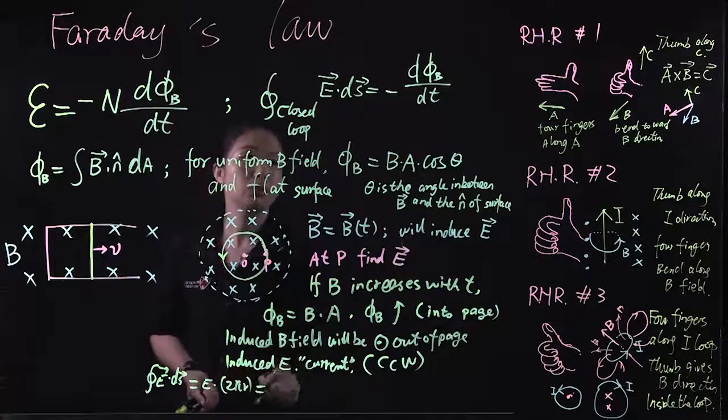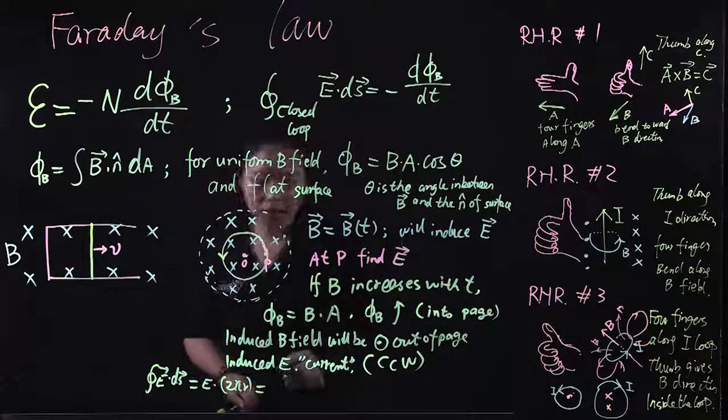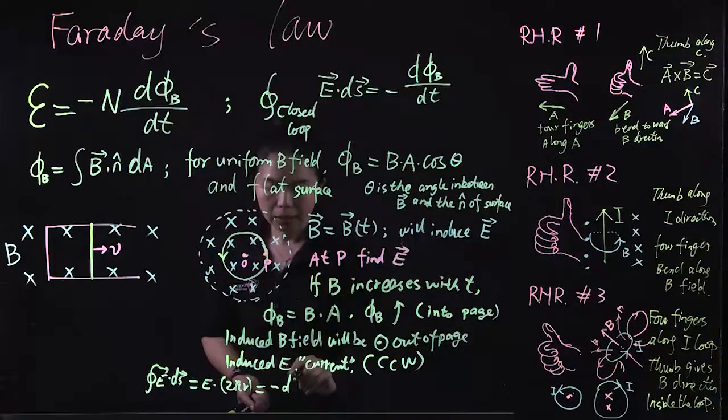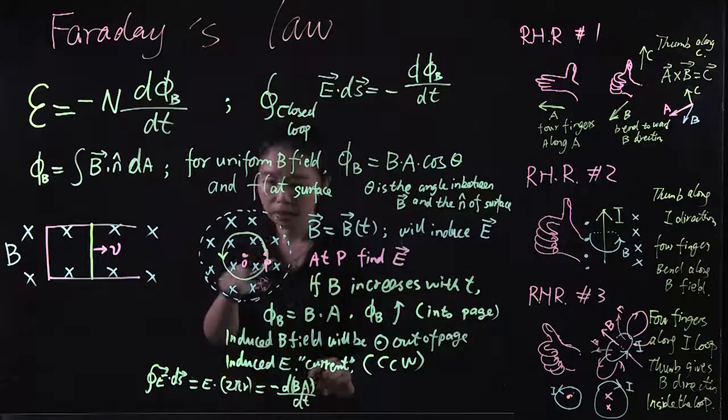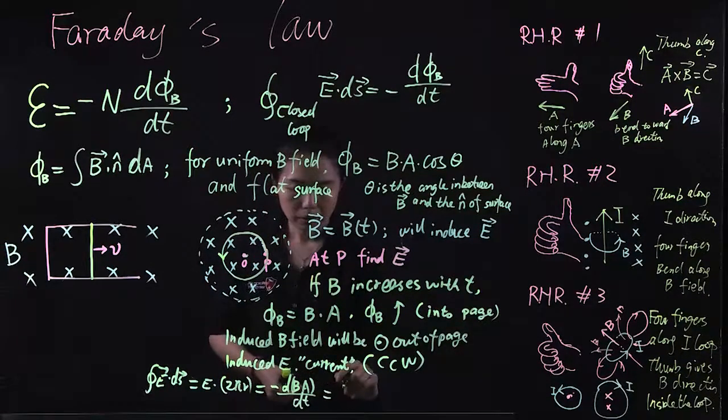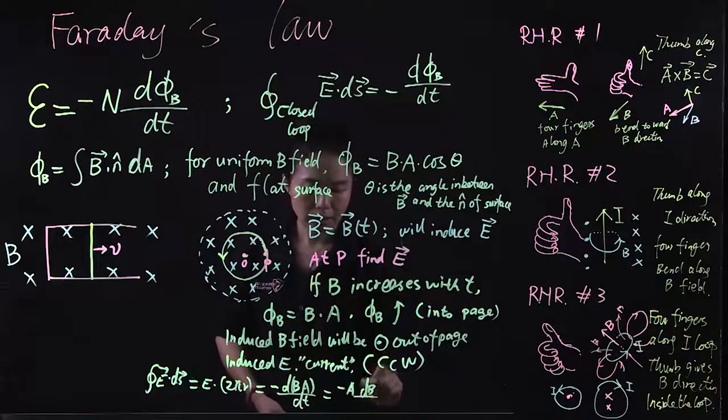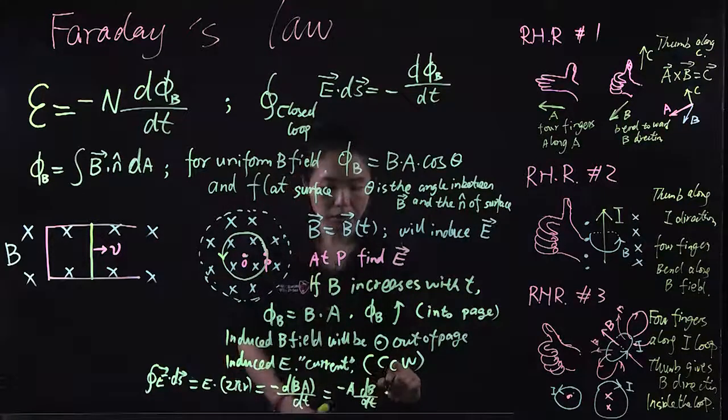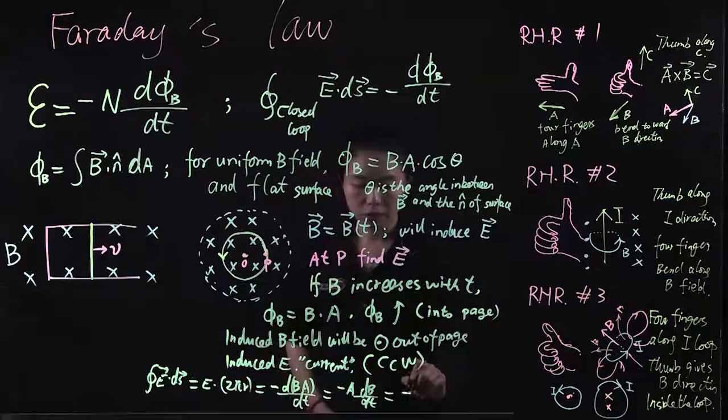And that's equal to negative d phi B dt, which is negative d of B times the area, dt. And this area is simply not changing as a function of time. So you can take the area out, that's the negative sign, A dB dt. Also, the area is equal to pi r squared.